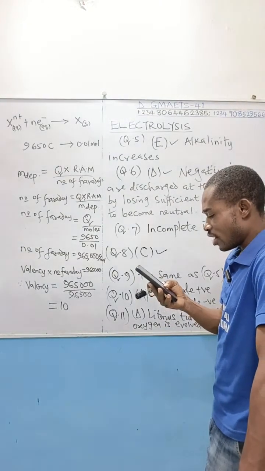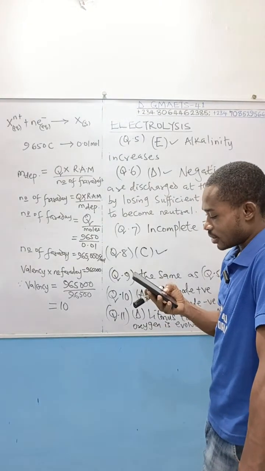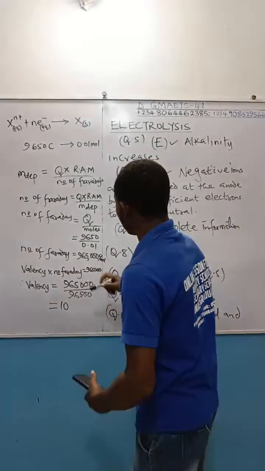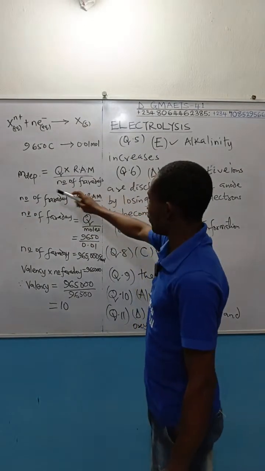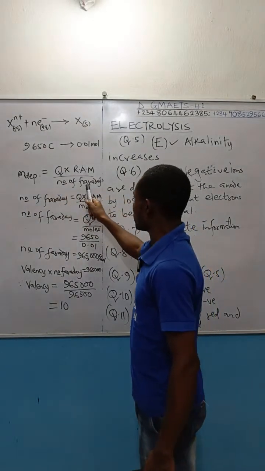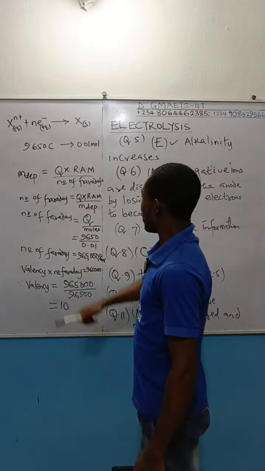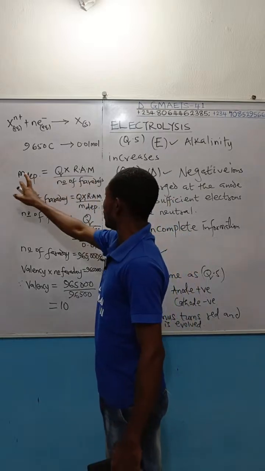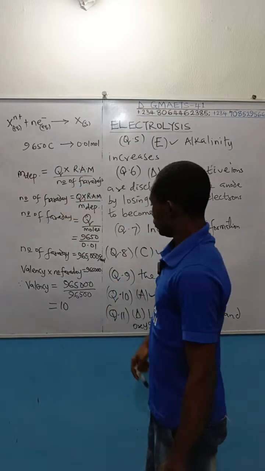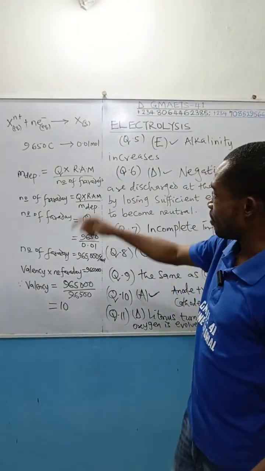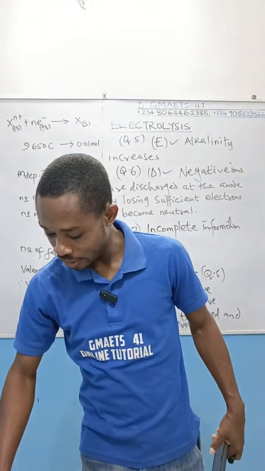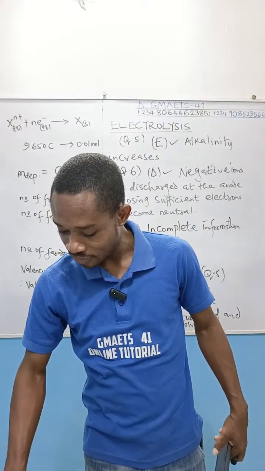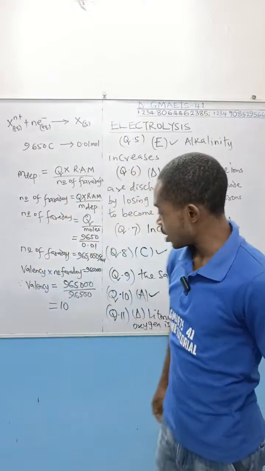The values provided, I guess I have issues with that. Or could we have divided, let's see, they gave us the mole. If I make this the subject of the formula, number of Faradays, there is a quantity of electricity here. So 96,500 divided by 9,650 is still going to give us that 10.